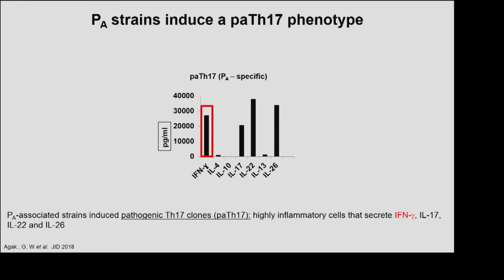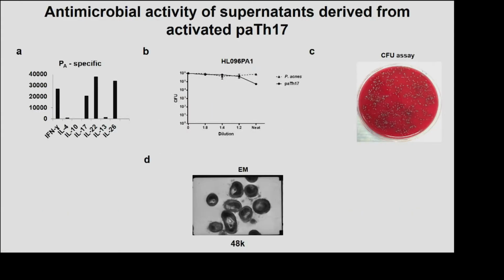So we've labeled these clones as pathogenic Th17s, and the reason for this is that if we do the functional assays, again the CFU assays using supernatants from these activated clones, we don't see any killing ability. So these clones are not able to kill P. acne, and you can see the picture here on the EM.